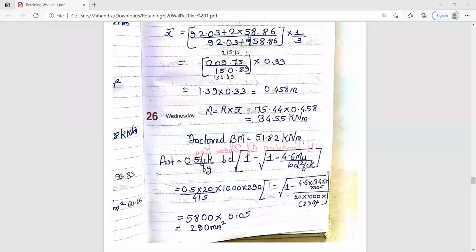Everyone had got the value for AST. Should I proceed further?